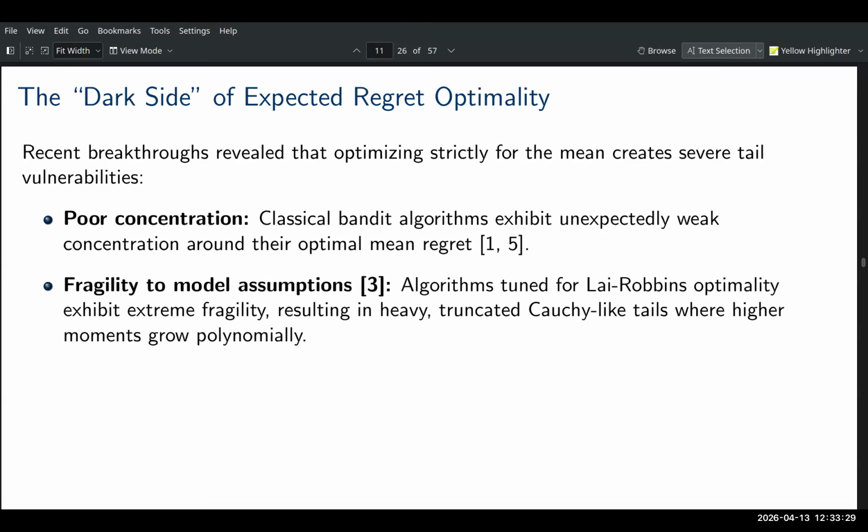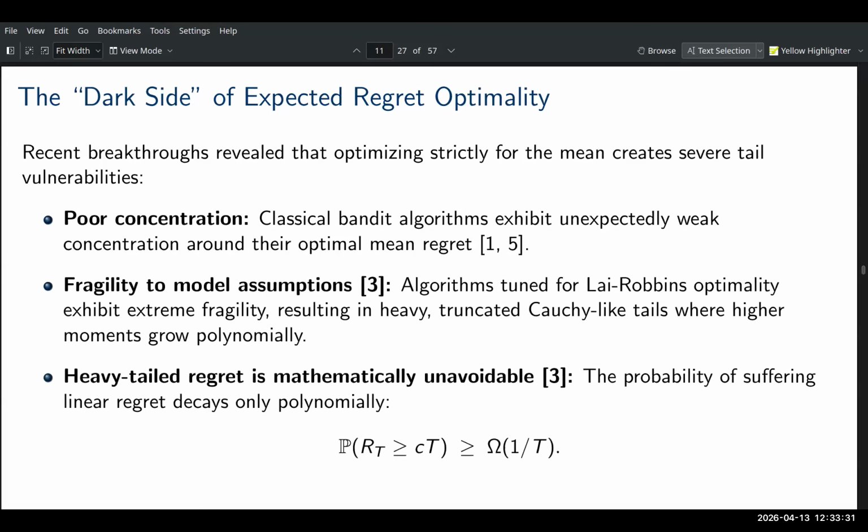They show that if you go for the algorithm that gives you optimal expected regret, the tail is going to be polynomial, 1 over T. So if you want the best regret, there's no way for you to have good tail behavior.